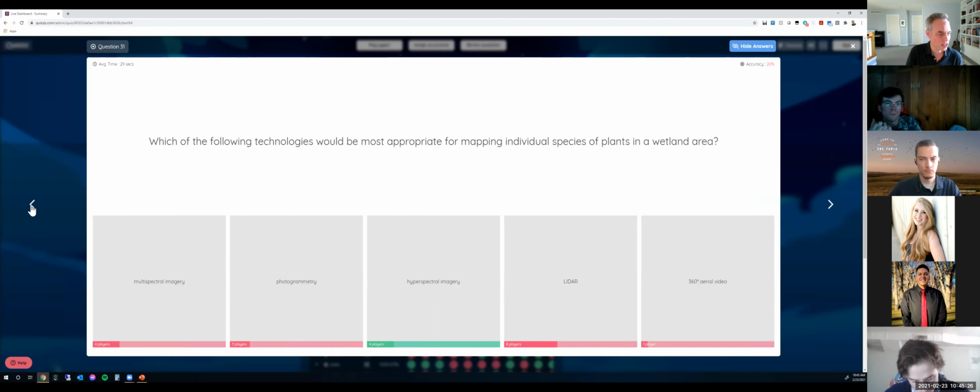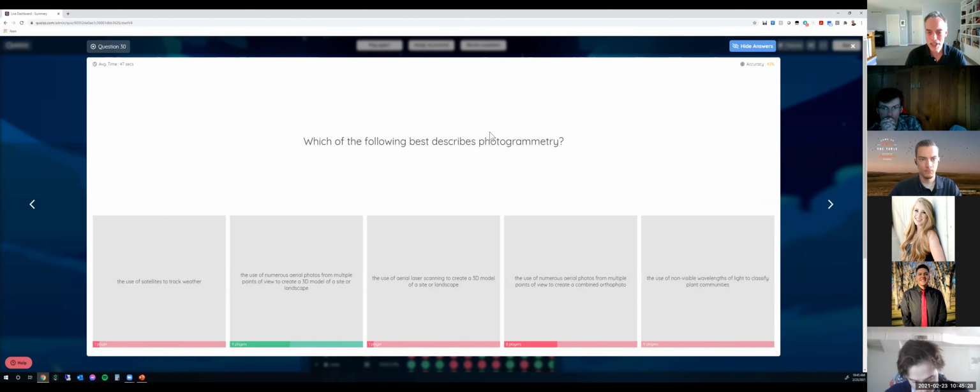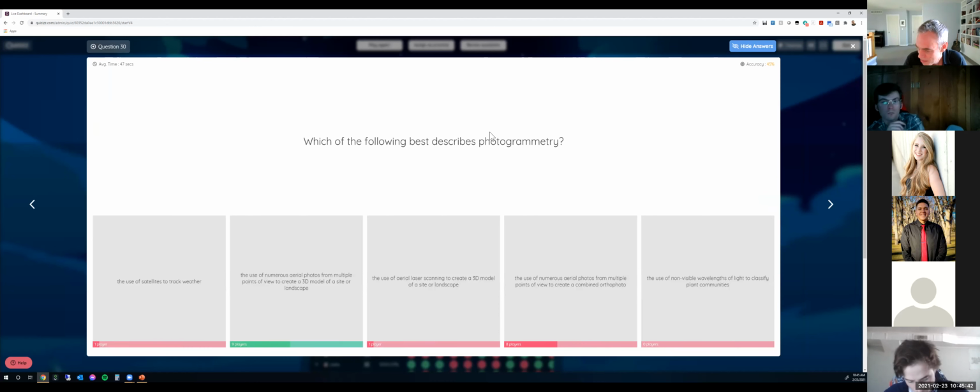By the way, I'll just go back to that question for a second. What is the difference between photogrammetry and LiDAR? You can use both of them to create 3D models of the Earth. How are they different? Photogrammetry is from pictures from a different point of view, and LiDAR is, well, like radar.